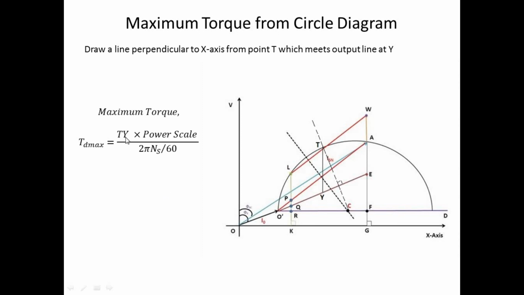Td max equals TY into power scale, which will give the power, and dividing by 2 pi Ns by 60 will give the torque, using T equal to P by omega, or 2 pi N by 60. So this will give the maximum torque. We have to measure TY into power scale divided by 2 pi Ns by 60, where Ns is the synchronous speed of the induction motor.